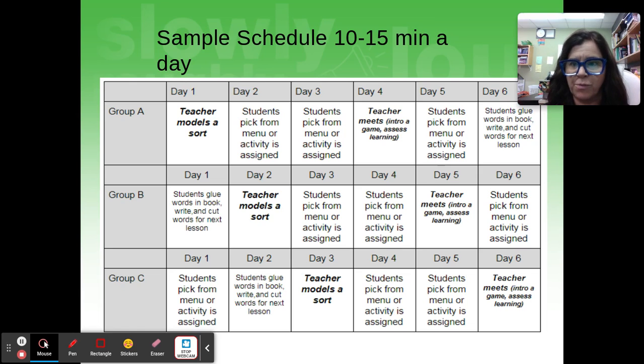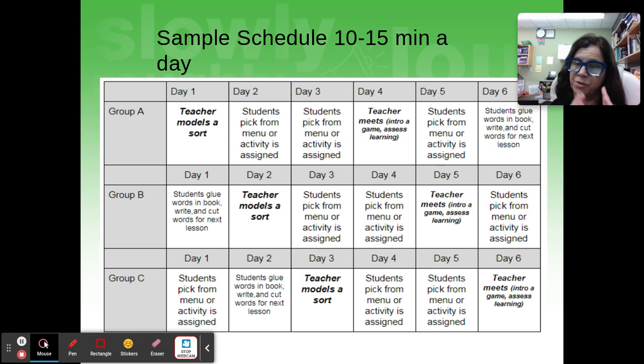You could actually do it in writing workshop if you wanted, that every Monday in writing workshop during independent writing time, you're going to do your groups. It could be a snack time thing. So I've done that before as a fourth grade teacher where snack time on Mondays and Tuesdays were Words Their Way days.